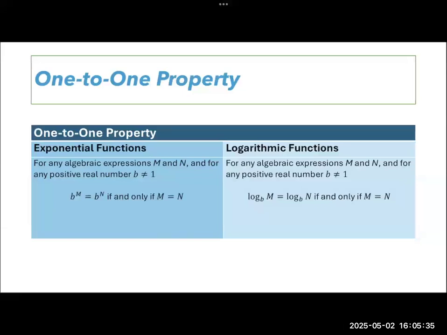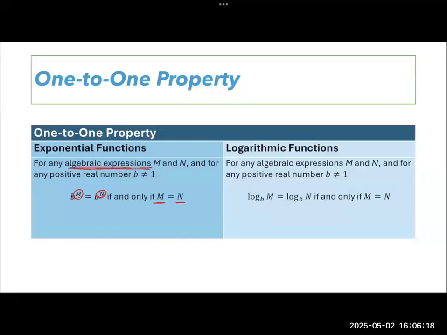It basically says that if you have, in the exponential equation, some base b that is being taken to an m exponent, which could be any algebraic expression, so it could be a number, it could be x plus 3, it could be x squared, whatever, and you say that that's equal to the same base b taken to an n power, which is also just some algebraic expression, then it follows that m and n would have to be equal to each other.